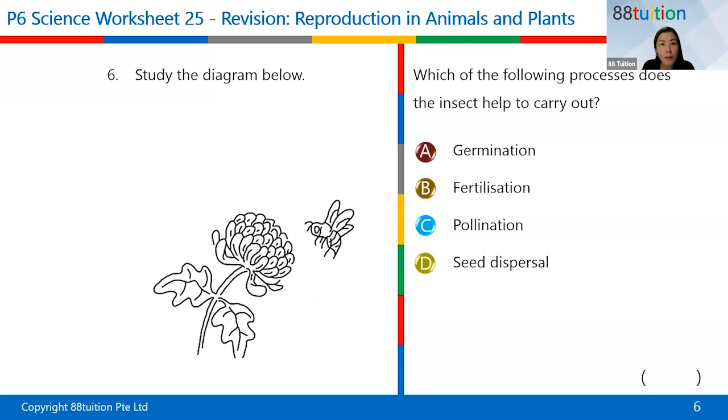Why is it not D? Why is it not D? Anyone? Pranati is smiling. Why is it not D? Hakim says this is a flower.